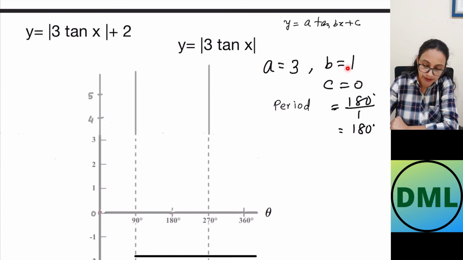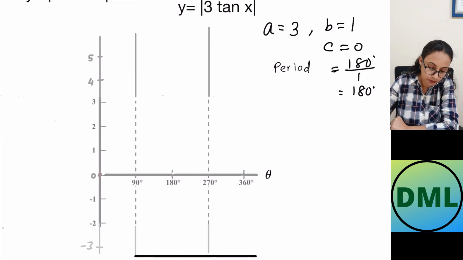So my period is 180 degrees over 1, so my period is 180 degrees. I need to go plus 90 degrees in the positive direction of the x-axis and 90 degrees in the negative direction. I didn't take the negative value because I need to plot the positive answers.